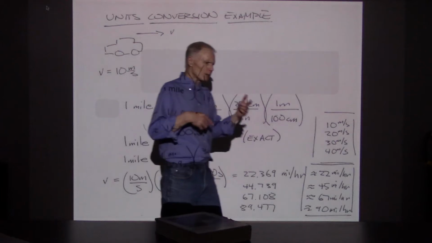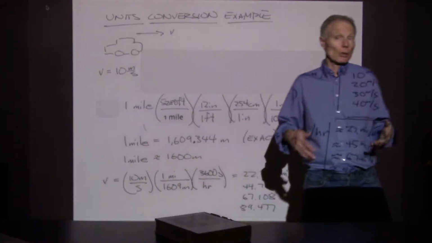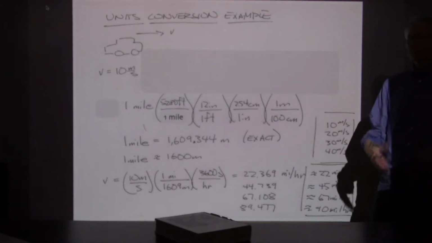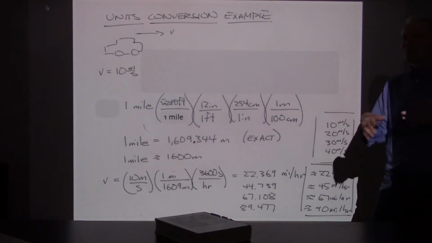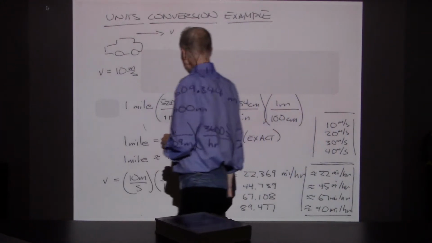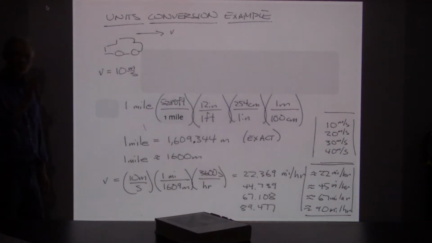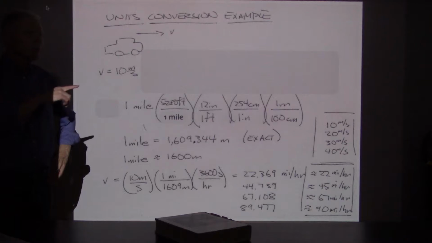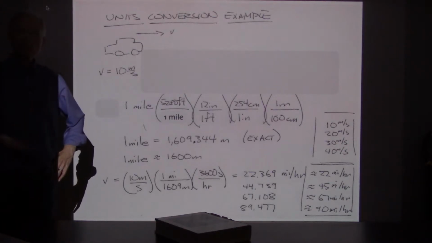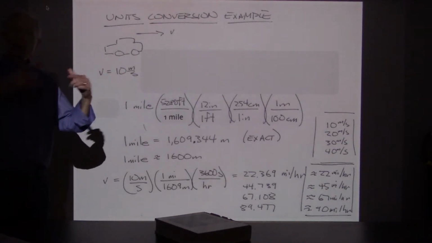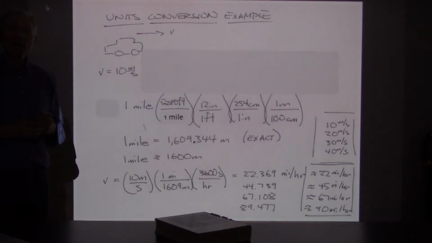So if you think of track events, the Olympics are always coming up sometime in the future. If you think in terms of watching the track events with British units, 4 times around the track is a mile, right?